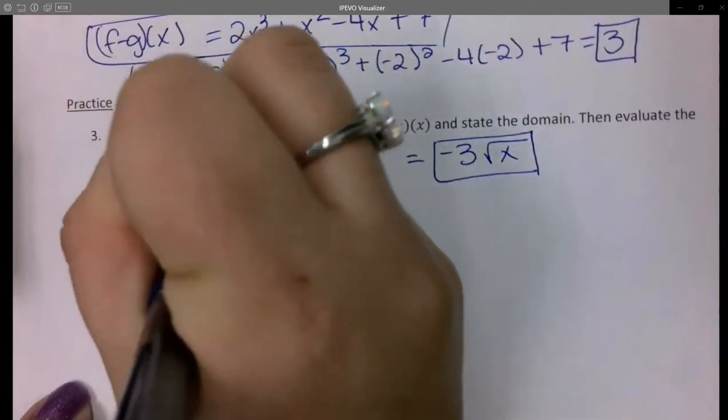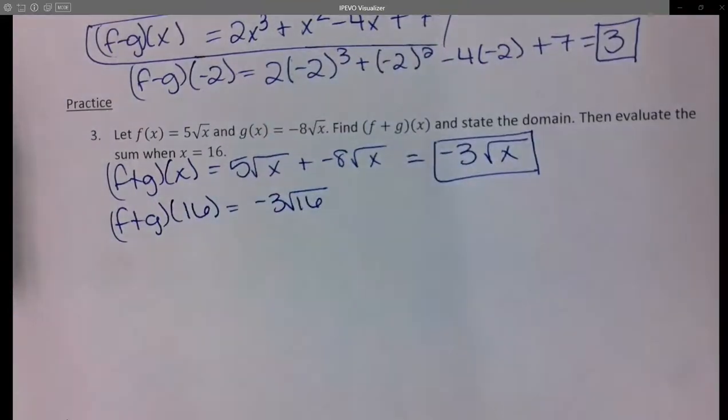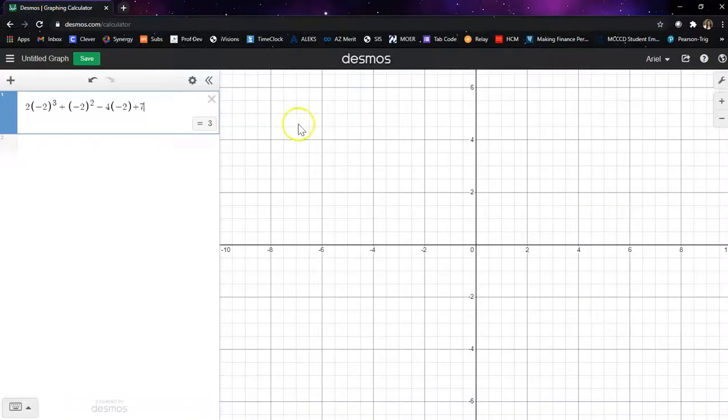So I'm going to plug in 16 for my x. Then I can go ahead and go to Desmos to type this in, which gets me negative 12.